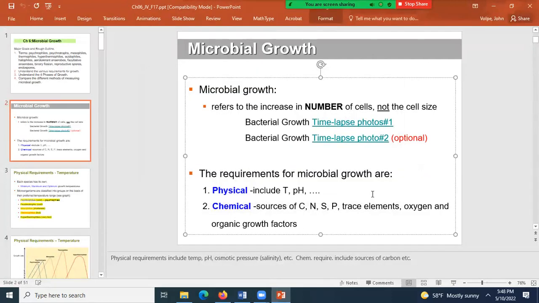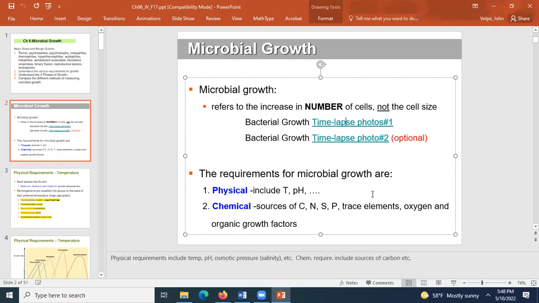There are different requirements for microbial growth. There are both physical requirements and chemical requirements. For physical requirements, that includes things like there has to be the correct temperature, the pH, the correct osmotic pressure, or the salinity for the growth to occur. Outside of the correct temperature, you cannot get growth. And the correct chemical sources: all living things need carbon, nitrogen, sulfur, phosphorus, trace elements.